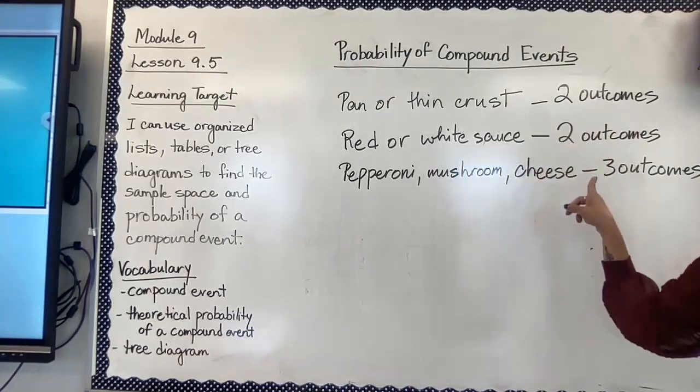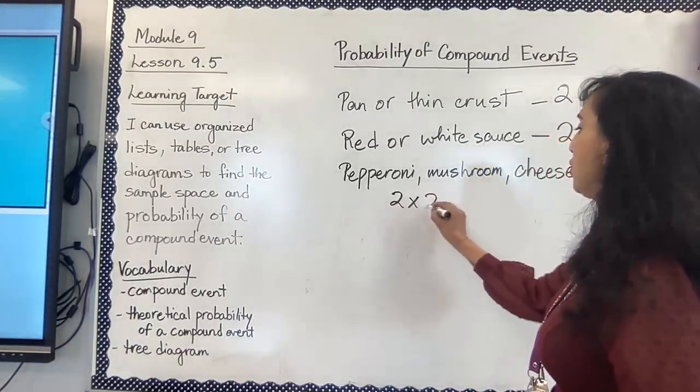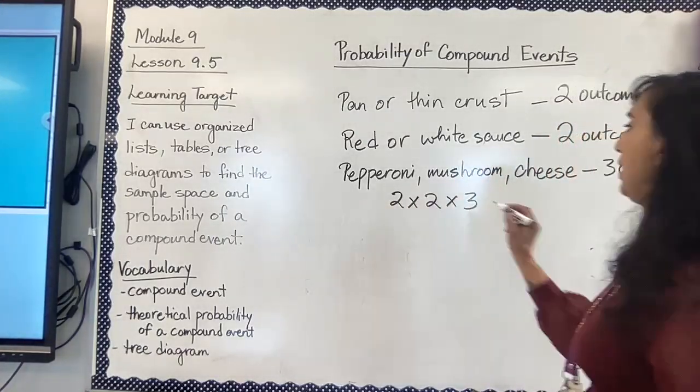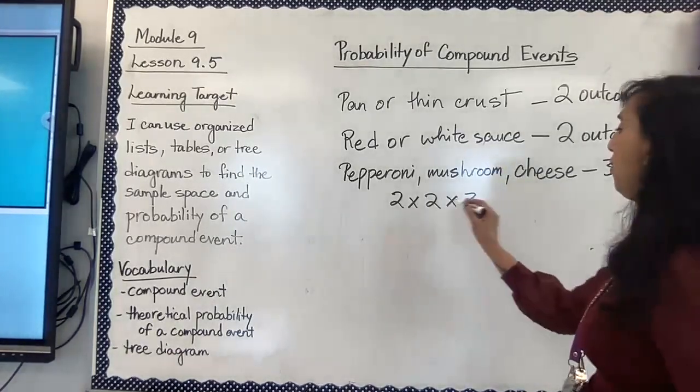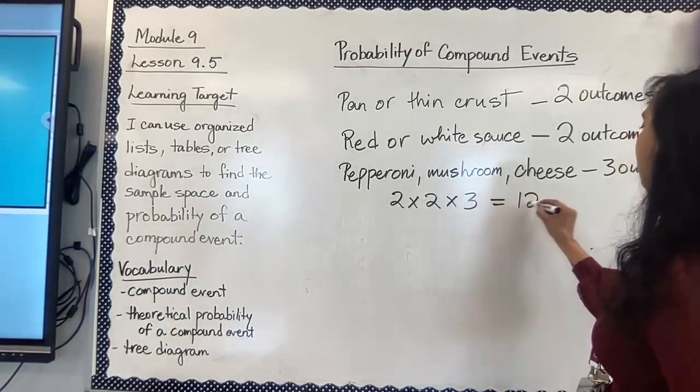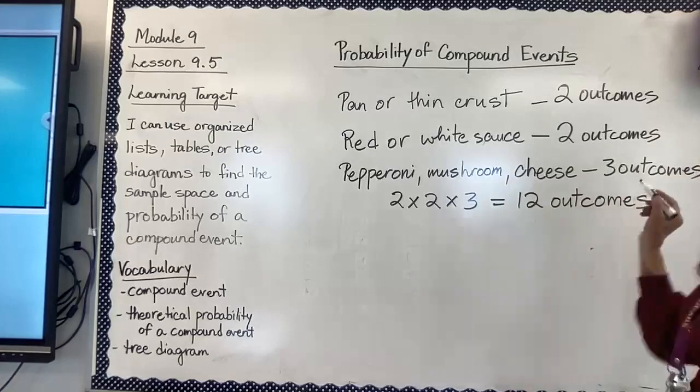The different toppings, I have 3 outcomes. So if I do 2 times 2 times 3, it will tell me how many overall different outcomes I can have. 2 times 2 is 4, 4 times 3 is 12. So I should be having a total of 12 different outcomes.